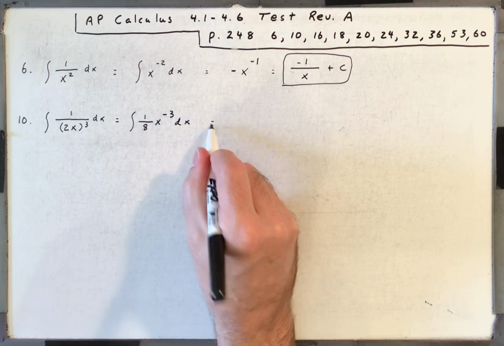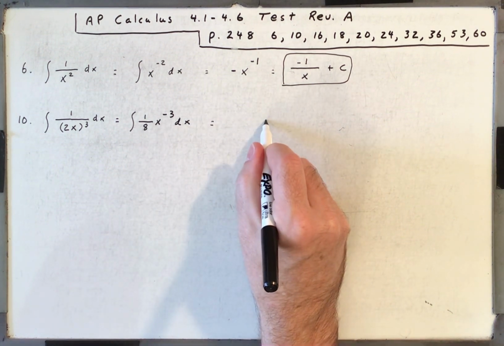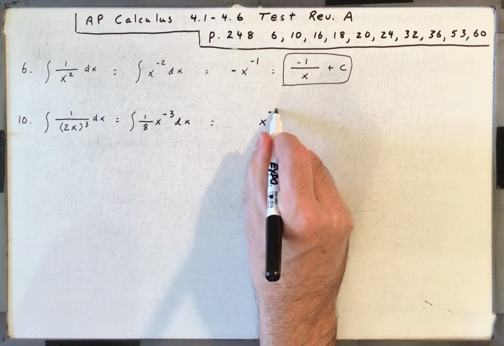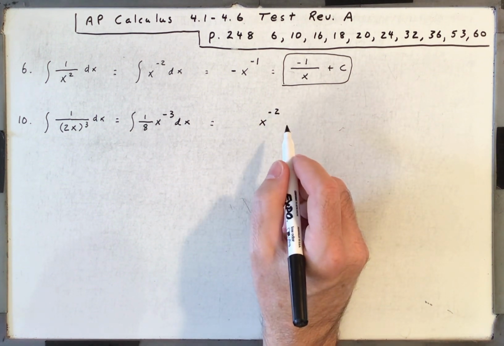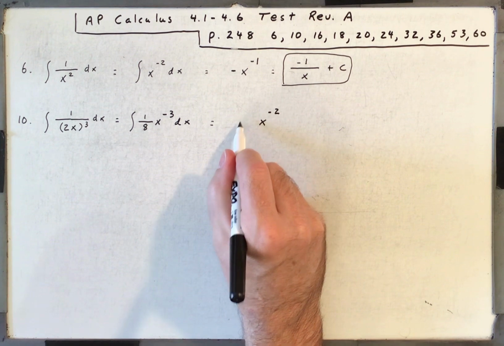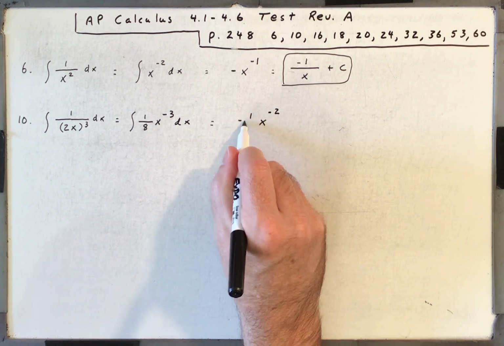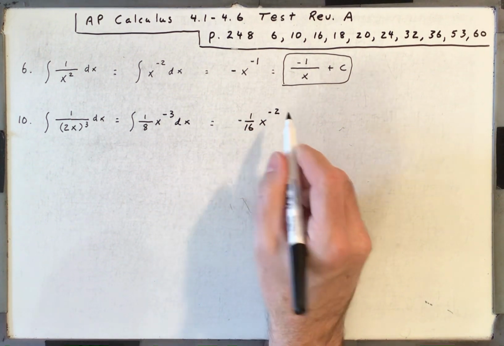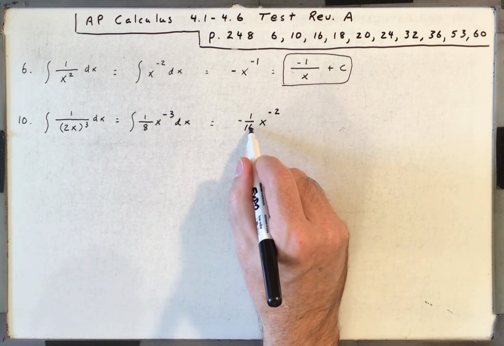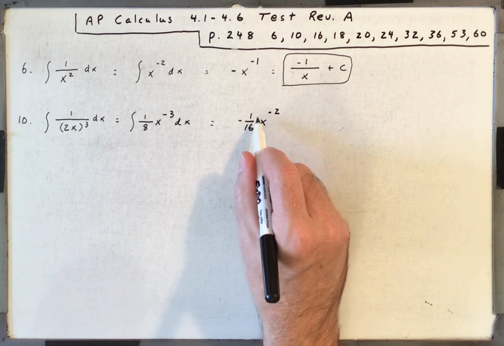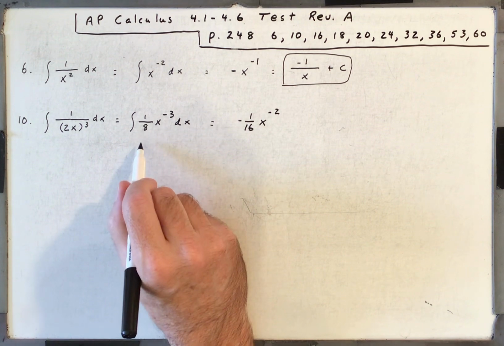Now this is pretty easy to take the antiderivative, add 1 to the exponent, so that'd be x to the minus 2. But I would need a negative 1/16 out front. So negative 2 times negative 1/16 would be positive 2/16, which is 1/8.